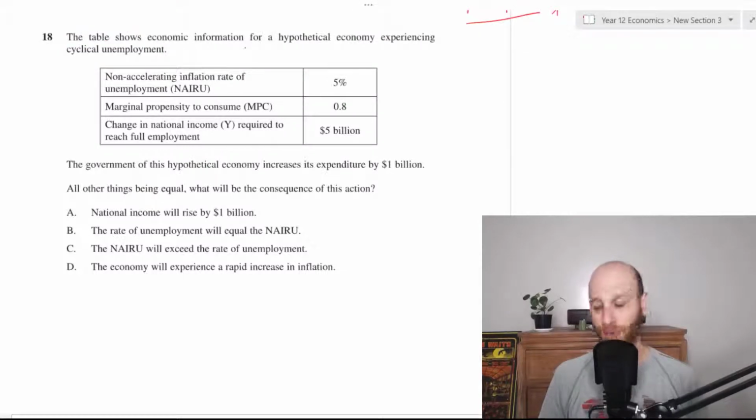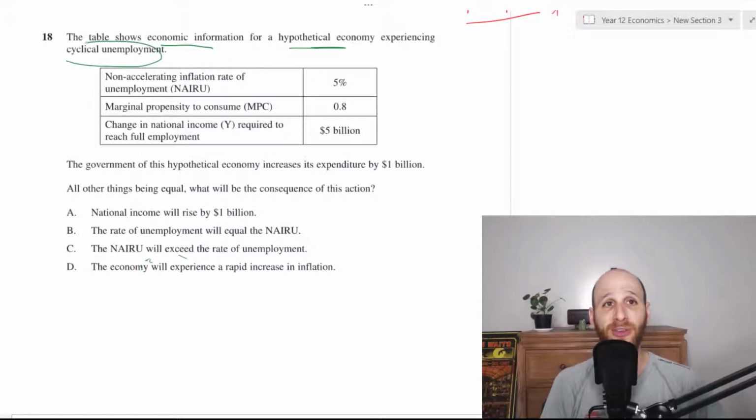Okay, welcome to question 18. Question 18 has multiple parts and we're going to use green. Now, I've got my cheat sheet for this question right here because it's a bit tricky. The table shows economic information for a hypothetical economy experiencing cyclical unemployment. Now, this little bit of information is so important.